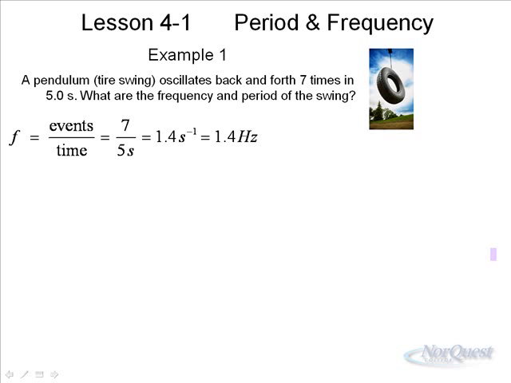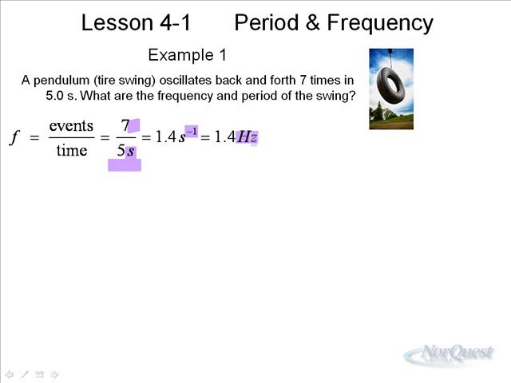And of course, if you look at the units, there's no real unit up here other than oscillations. The unit here is seconds, but it's in the denominator. So we say seconds to the -1. And that is the unit of the hertz.